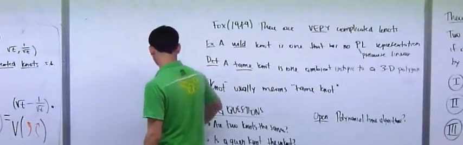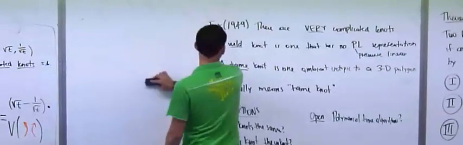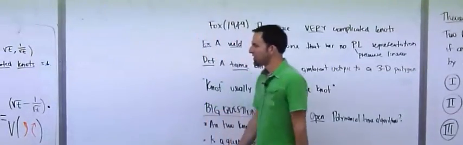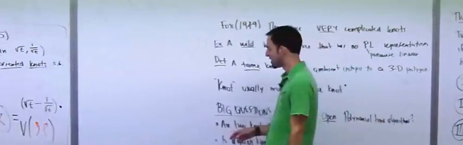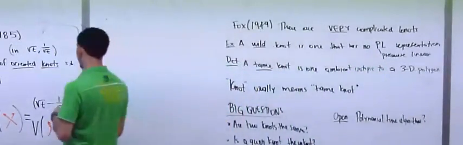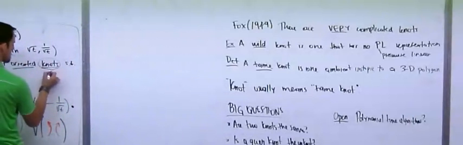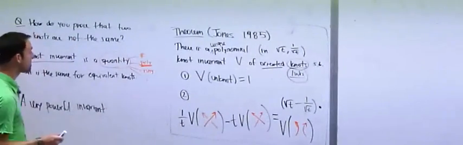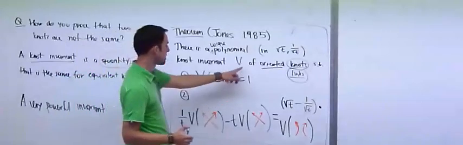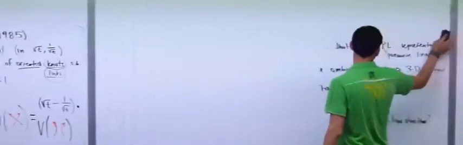Okay, so let's compute the Jones polynomial of some link. This also defines a Jones polynomial for links. What's the simplest link that you can think of?